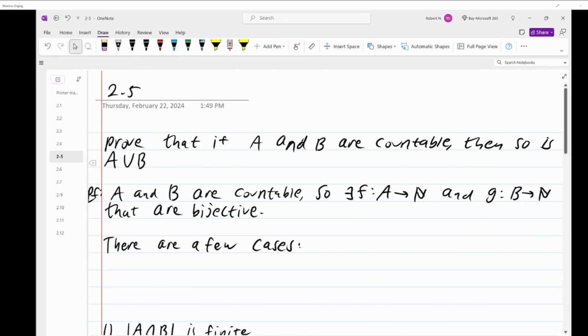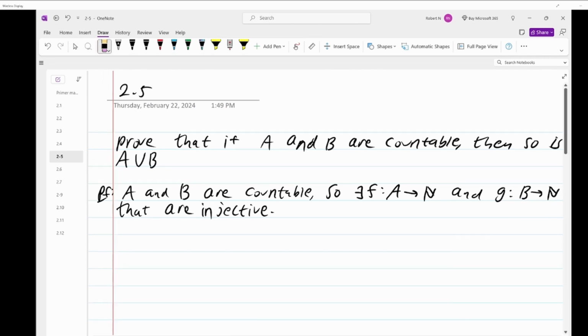Next one. If A and B are countable, then so is A union B. So my brain is thinking about some things. You want to let me in on some of them? Yeah.